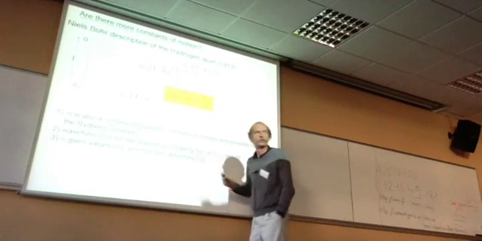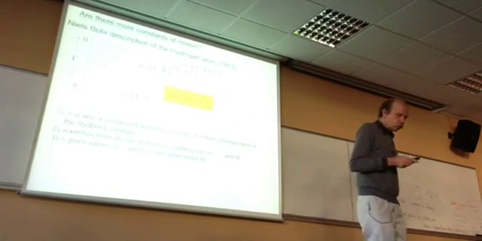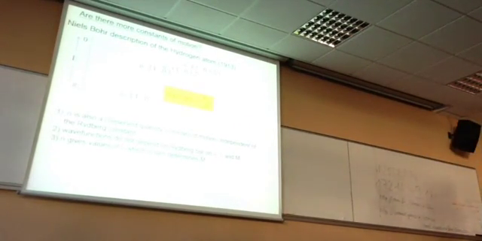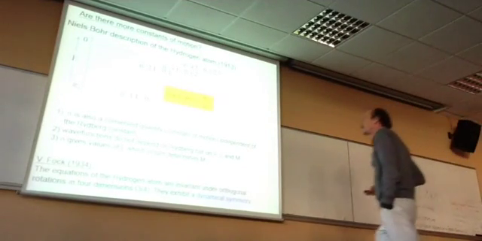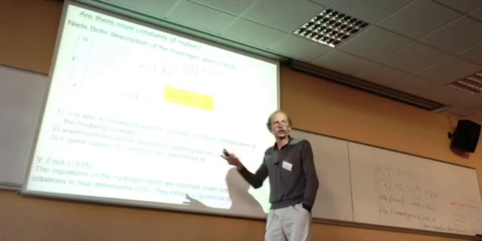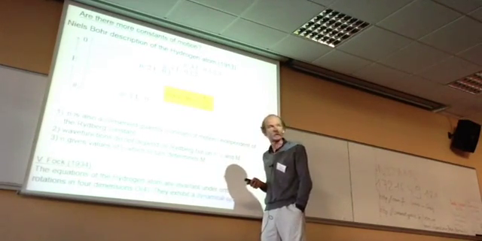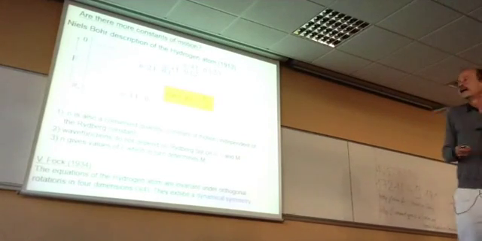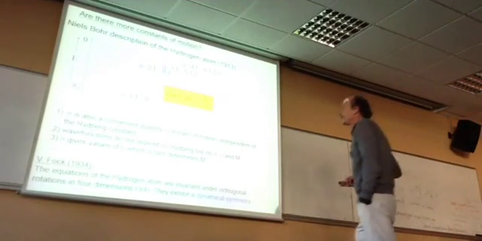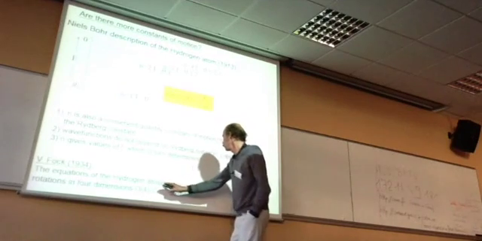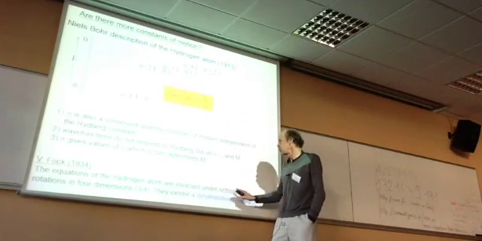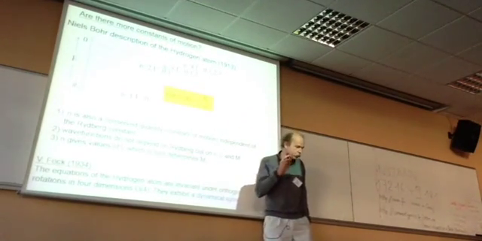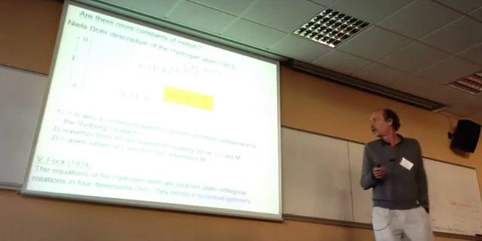Only 20 years later, the brilliant Russian physicist Vladimir Fock, who by the way is also the inventor of the second quantization, found out in 1934 that the equations of the hydrogen atom are invariant under orthogonal rotations in 4 dimensions.